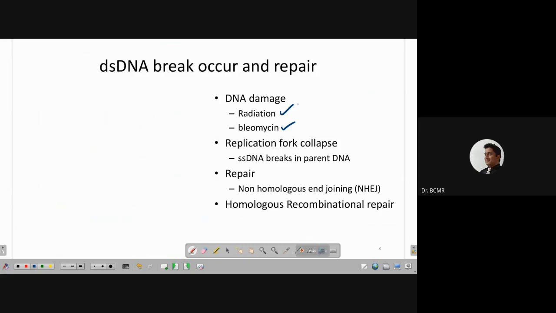It can also happen during the replication fork. That we will probably see in the next class, or I would encourage you to watch it from the animation because it's complicated to visualize. It may also happen because of several other reasons.